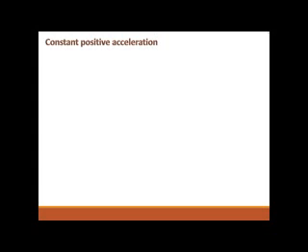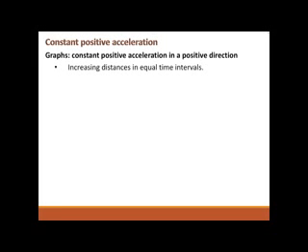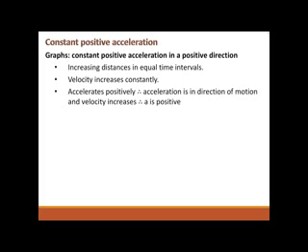If we now have constant positive acceleration, what we need to remember is that it means it's getting faster. We're going to cover bigger amounts of distance in the same time interval. Velocity increases constantly at the same rate. Acceleration is now not going to be 0, and if our velocity is getting bigger, we generally say acceleration is positive. As you can see, this graph is curving. It's getting a bigger curve.